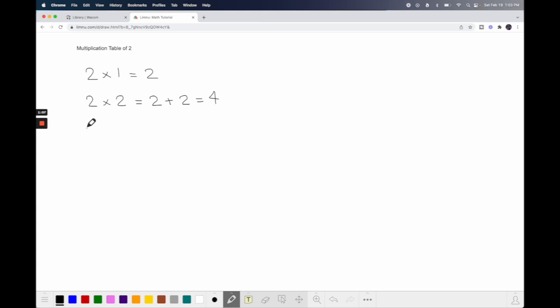And let's go to 2 times 3. In this case, we are adding 2 three times. So 2 times 2 is 4, and now 2 times 3, which we are adding 2 three times, that would be 6. And now let's go to 2 times 4.